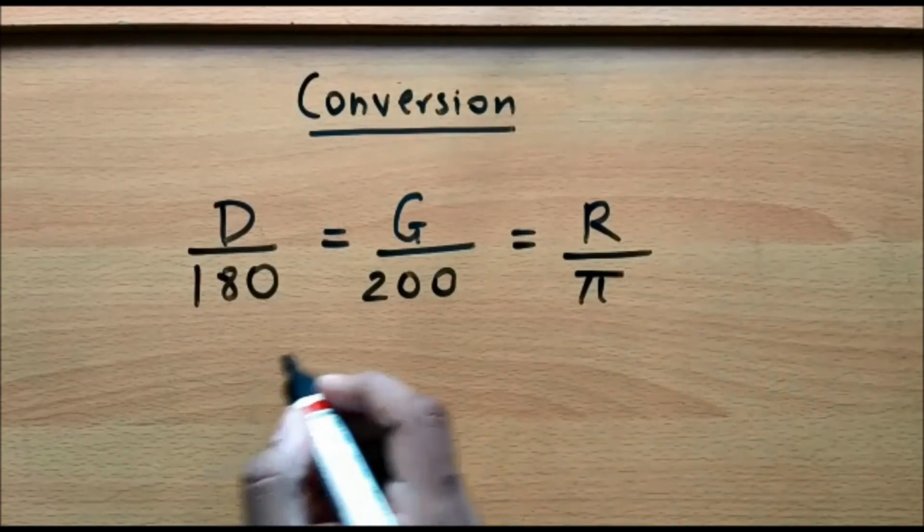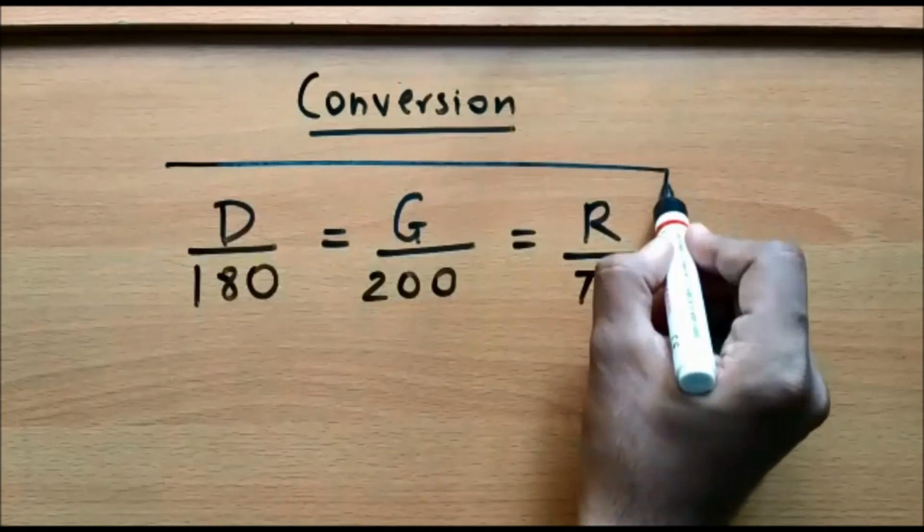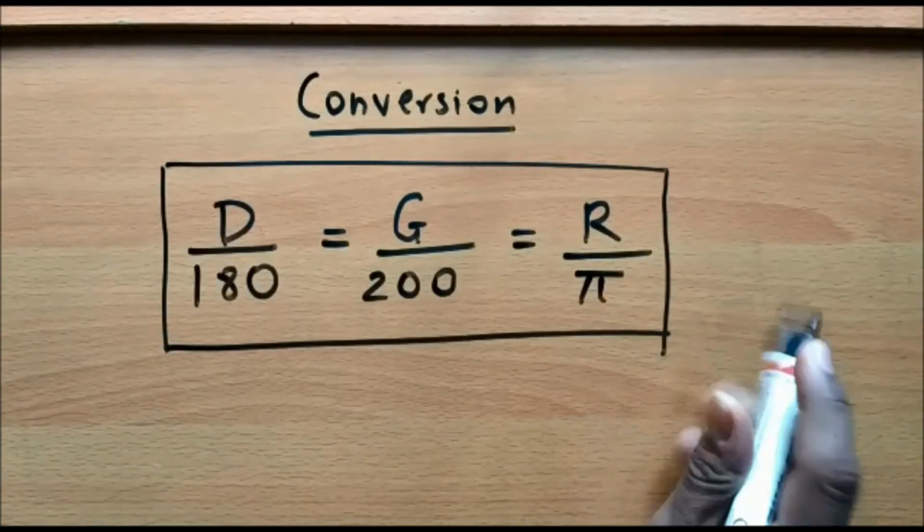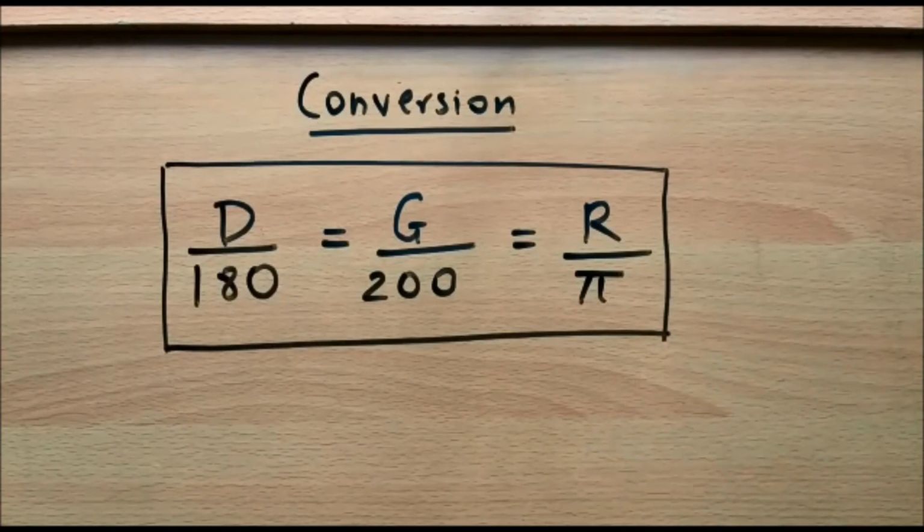Using this we can convert degrees to grades to radians and radians to grades to degrees and so on. So d upon 180 equals g upon 200 equals r upon pi.